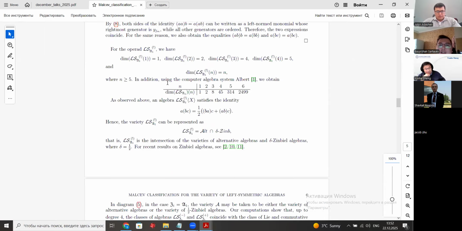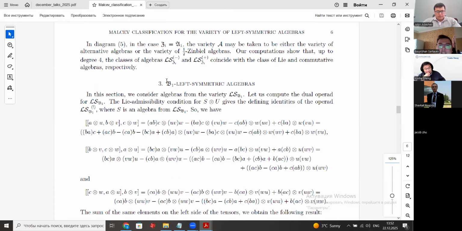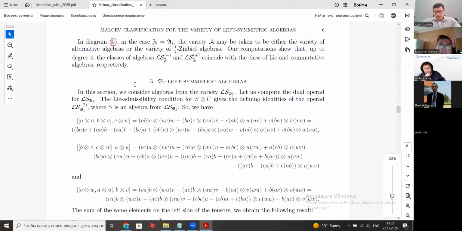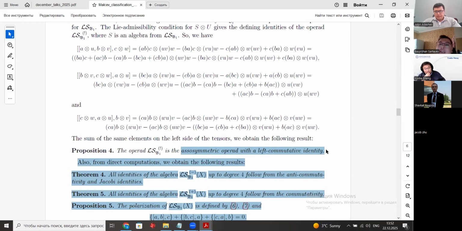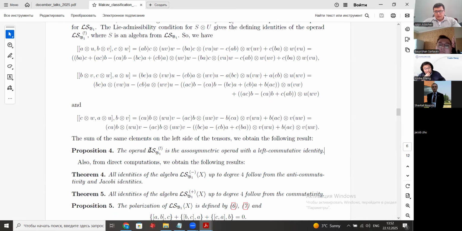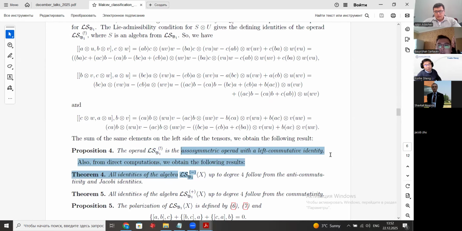Let's consider left symmetric Pre-Lie algebras with the identity B2. Again, its dual operad will be an associative operad with the left commutative identity. So the Koszul dual operad of left symmetric with B2 is associative with the left commutative identity.